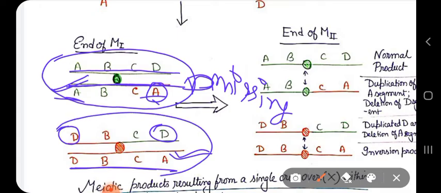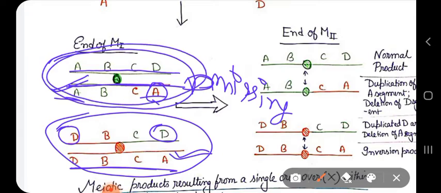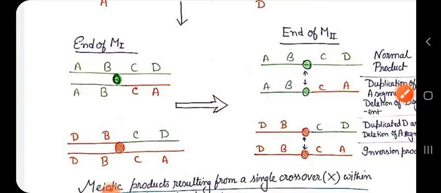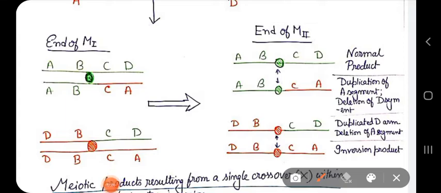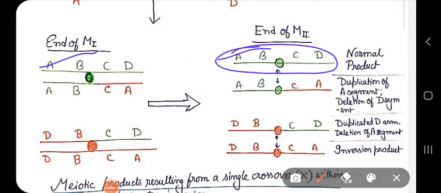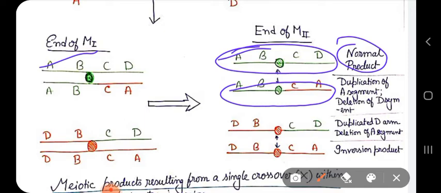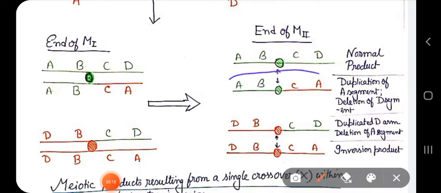Now, when these chromosomes are involved in the second meiotic division, that means meiosis 2, this is what will occur. You can see the upper chromosome is normal, so it will be distributed to a gamete, and that gamete will be a normal product. The gamete which receives the second chromosome has a duplicated A segment and a deleted D segment.